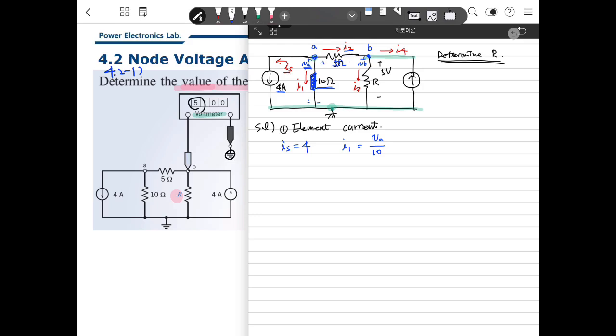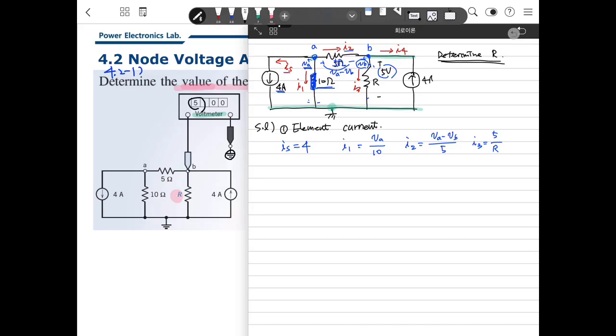The voltage difference here is VA minus VB, so I2 will be VA minus VB divided by 5. And I3 is, how much is it? The voltage difference here is 5, because VB is 5, so I3 is 5 divided by R.